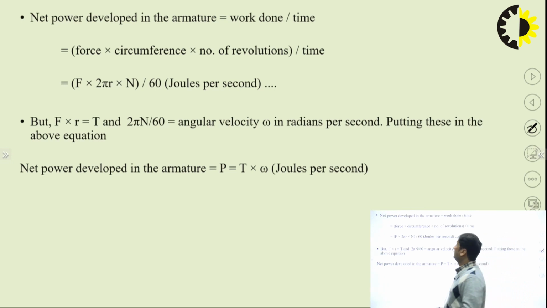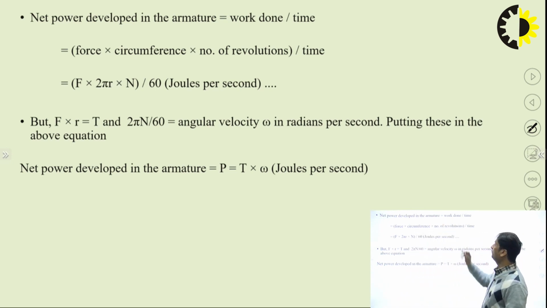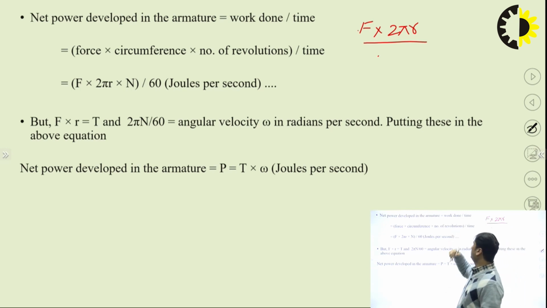Now the net power developed is given by work done per unit time. So net power is given by force into circumference per time, that is F into 2 pi r divided by the time.